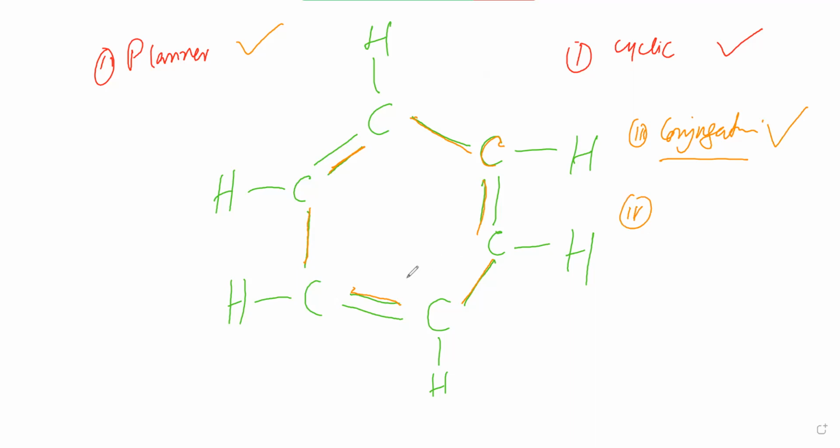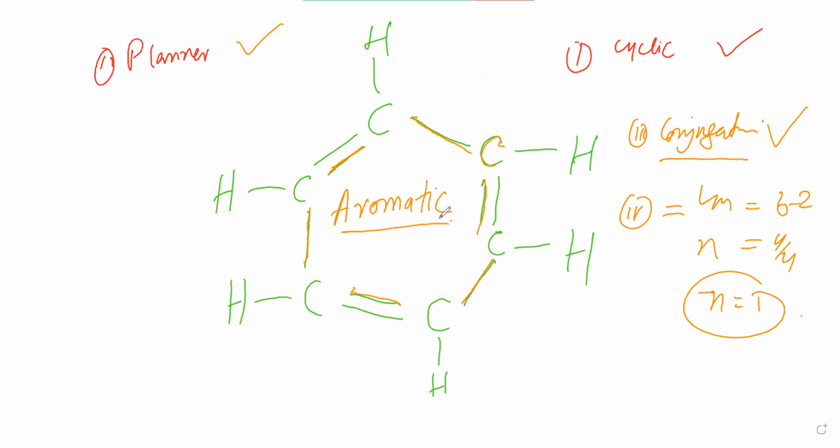How many pi electrons here? 6. So 6 again. Is it followed or not? Yes, it is. So what do you think about benzene now? It is aromatic.